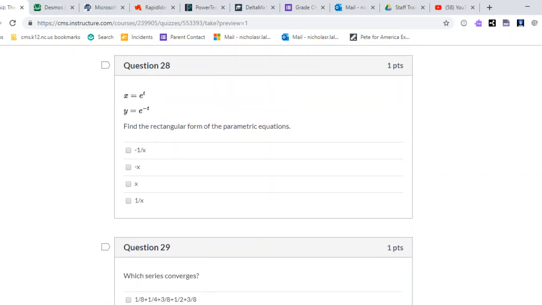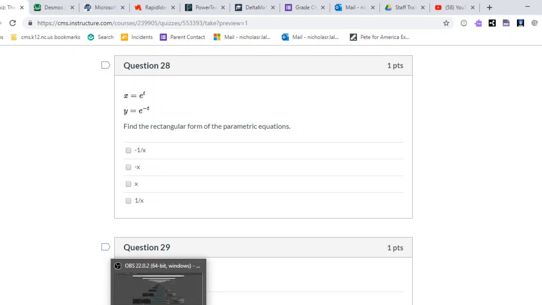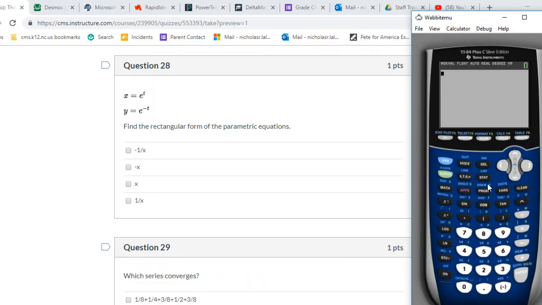X is equal to e to the t, y is equal to e to the negative t. Find the rectangular form of the parametric equations. Now, the calculator way to do this is to go to mode, parametric, x value is e to the t, the y value is e to the negative t.